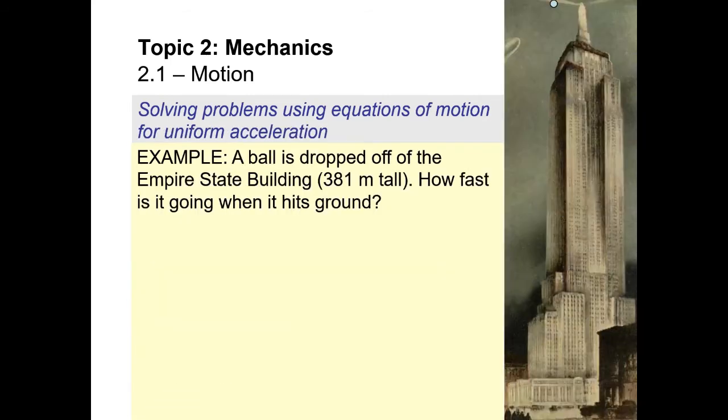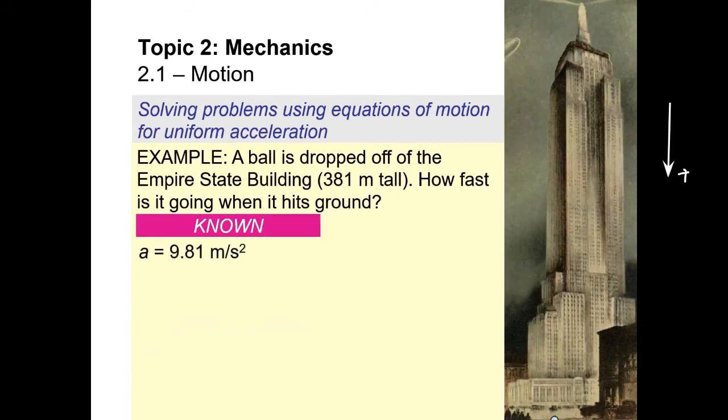A ball is dropped off the Empire State Building. The height is 381 meters. How fast is it going when it hits the ground? Acceleration equals 9.81 meters per second squared as the object is in free fall, implicit. Displacement is 381 meters. We choose downward as the positive reference, so the a value is also positive. Given.